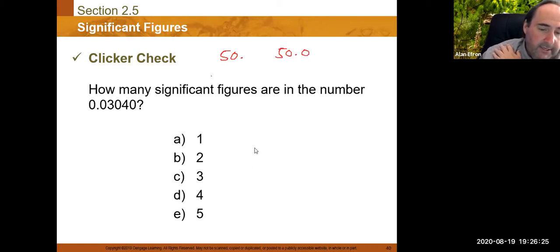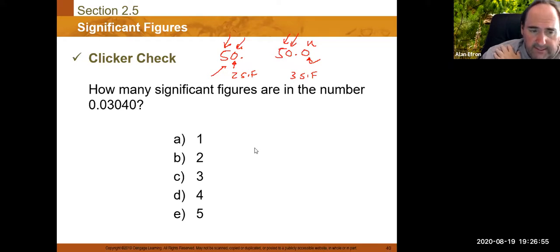This number would have 2 significant figures, certain number, uncertain number. This number here would have 3 significant figures, certain number, uncertain number here. In terms of quality of the measurement, this one here, the uncertainty is in the ones place. In this measurement, you were able to get the uncertainty down to the tenths place, which is a much better measurement if you want to think about it that way.